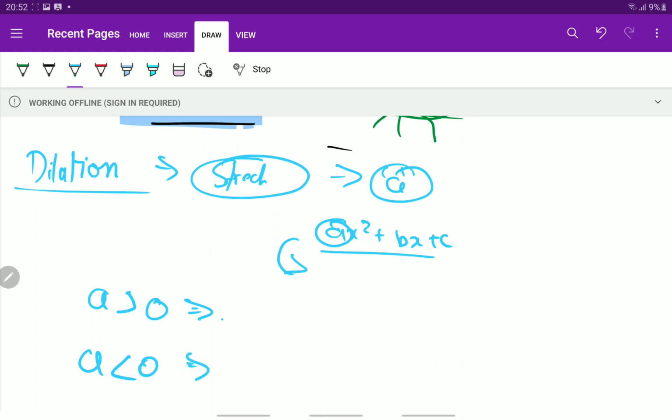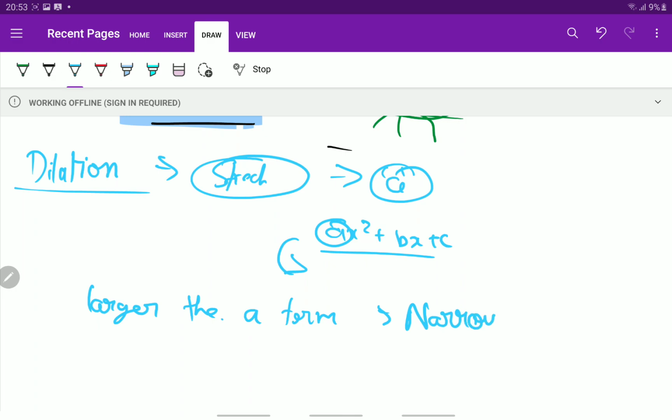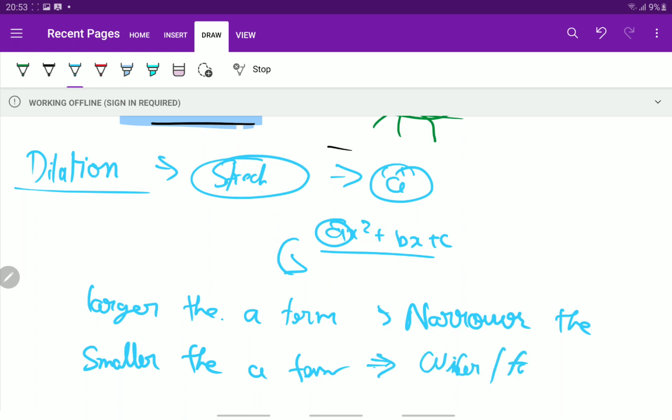Wait, this is a horrible way to go about it. Let's say the larger the a term, the narrower the graph, and the smaller the a term, the wider, fatter the graph.